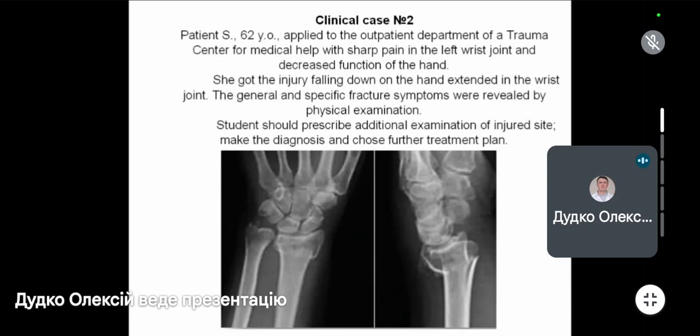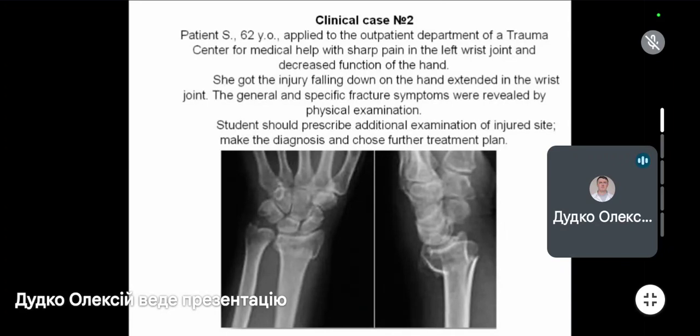The patient is wearing it for 4-5 weeks on average. You should also control the position by X-rays. The same two-view X-ray you should perform the first day after reduction was done, then day number 7, this period 7 to 10 days, and then in 1 month.